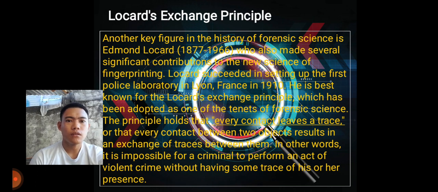He is best known for the Locard exchange principle, which has been adopted as one of the tenets of forensic science. The principle holds that every contact leaves a trace, that every contact between two objects results in an exchange of trace between them.